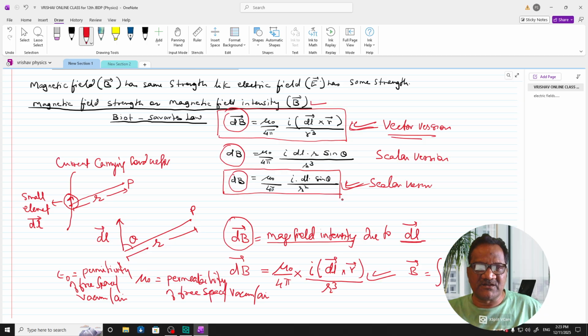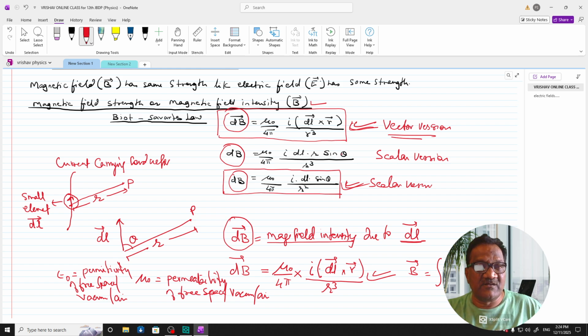In the scalar version, what will happen? Everybody knows that the cross product of two vectors will generate a new vector, which will have sine theta associated with it. So the magnitude of this vector dB will be: dl cross r gets reduced to dl into r sine theta.